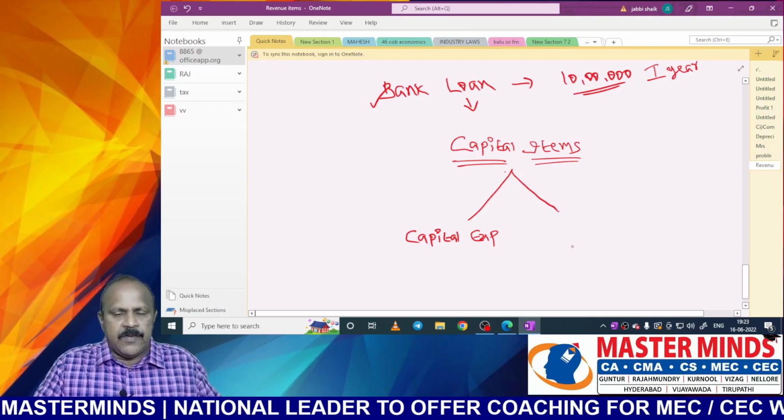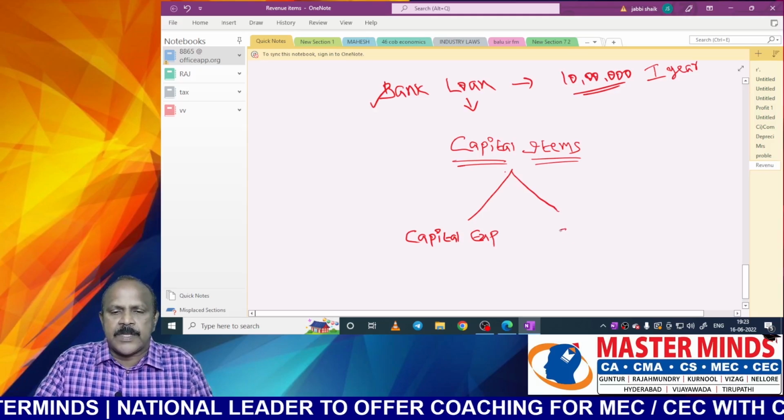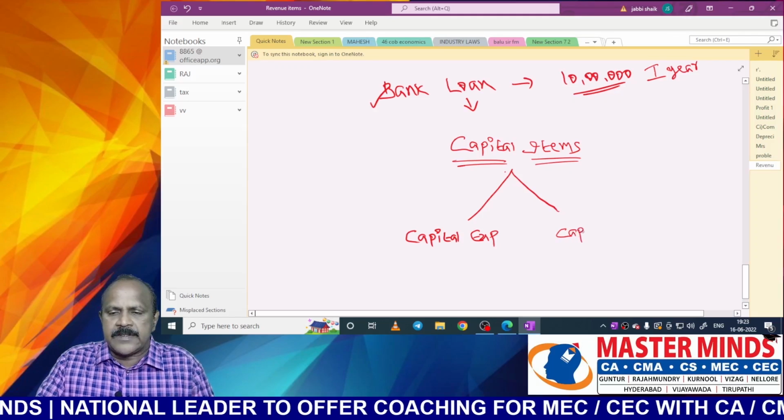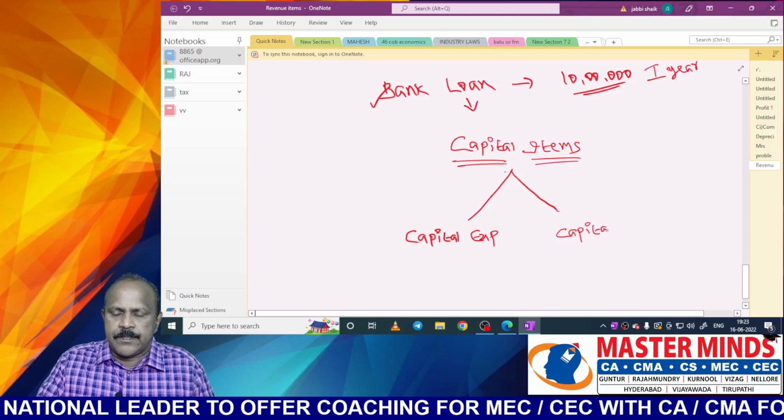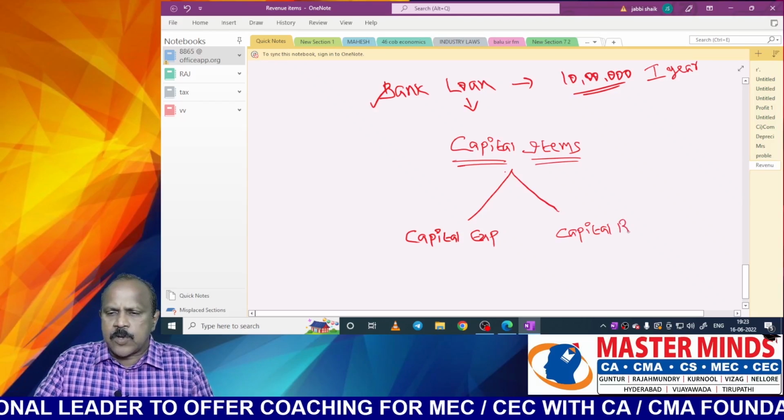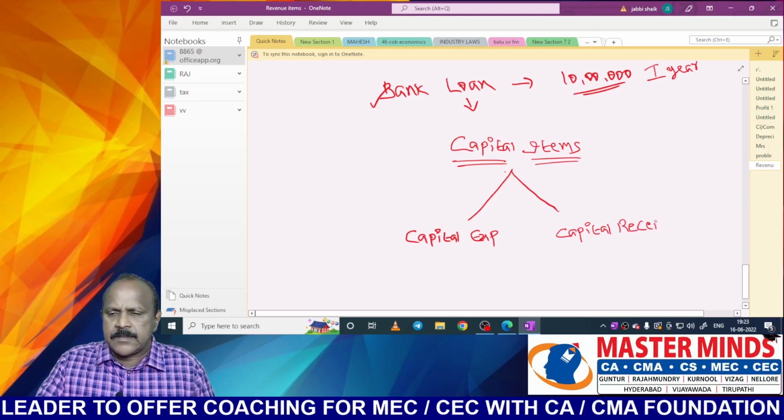If we receive something on a capital item, it is called a capital receipt.